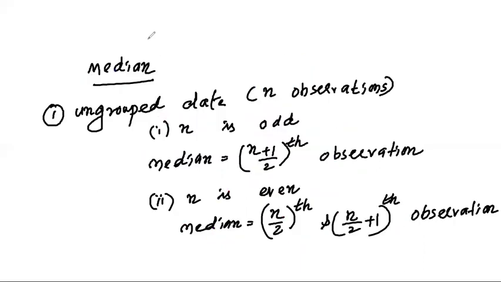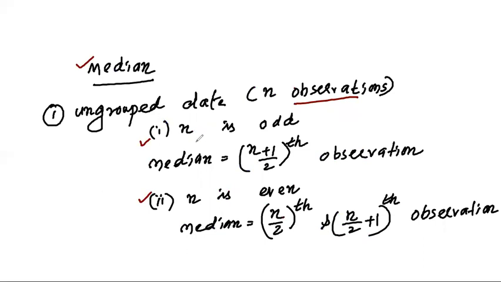Now let me recall the concepts of median that we have learned in lower classes. Median of an ungrouped data, if you're having n observations, can be classified into two types. If n observations are there, whenever we are finding the median, we have to arrange them in ascending or descending order.